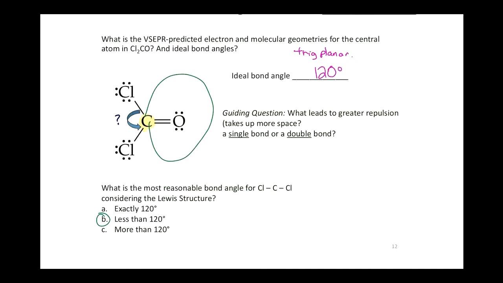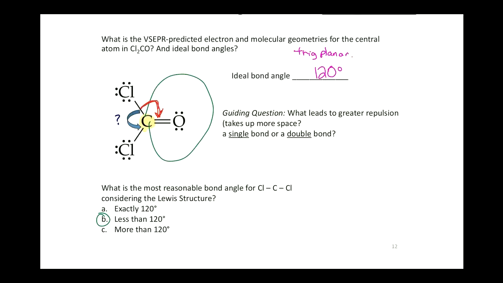Versus, what about the bond angle right here on the red arrow? What would that be close to? Would it be more, less, or the same as 120? More than 120. And again, it's because of where it is relative to the double bond, because the double bond pushes the other bonds closer together. So see that really all in your mind.